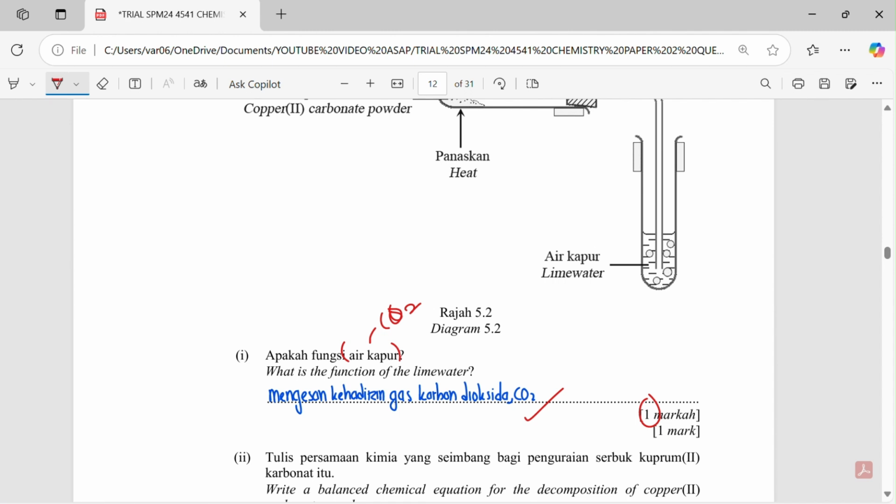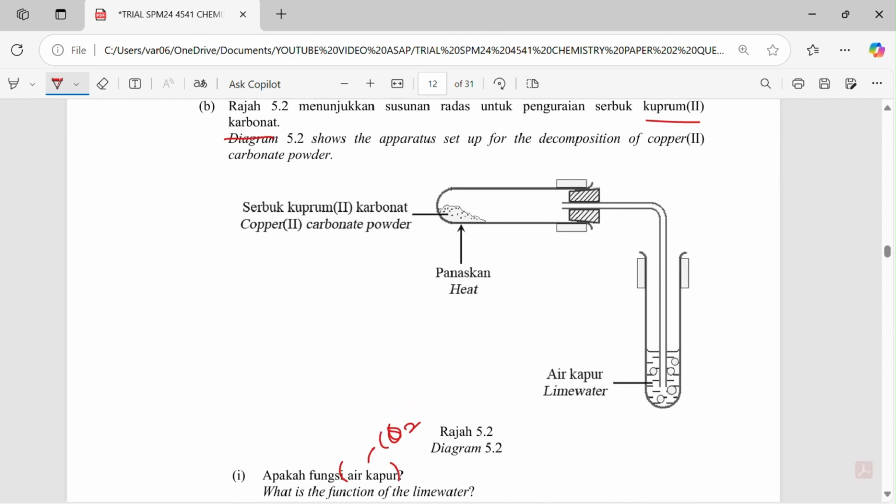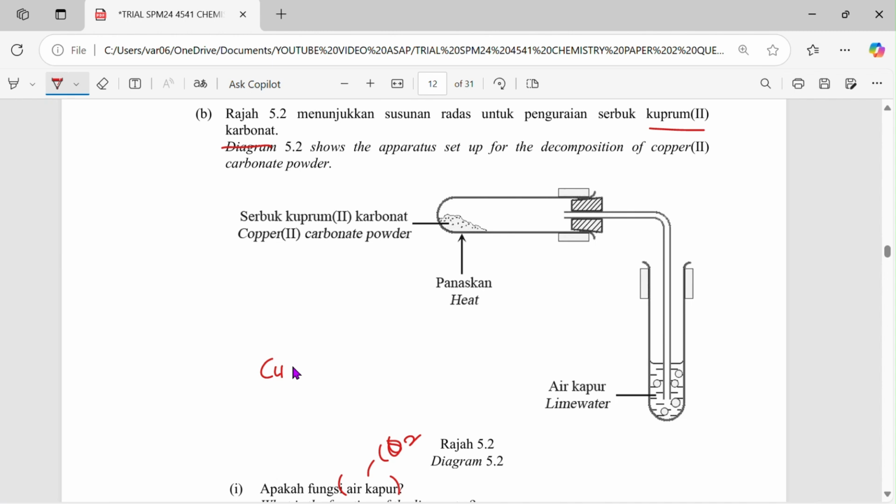Okay, next. Tuliskan persamaan kimia yang seimbang bagi penguraian serbuk kuprum(II) karbonat. So, CuCO3. Number 1, you hasilkan CO2. Correct? And apart from that, you see these bubbles themselves show that there is CO2 in it.